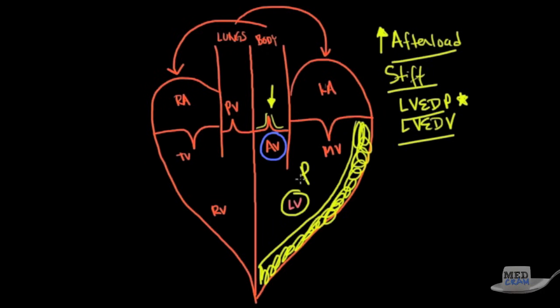If that pressure is very high, which is what happens in a stiff ventricle, then the pressure is also going to be high in the left atrium. If that occurs, the left atrial size is going to increase, because the left atrial wall is not very thick. In fact, it's very thin. It's not designed to undergo a lot of pressure.